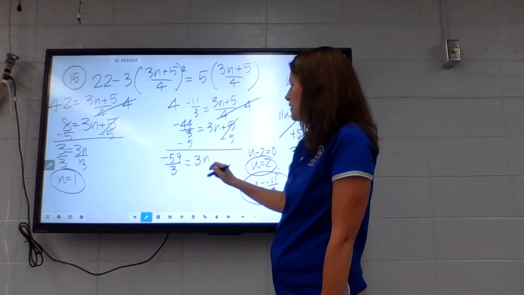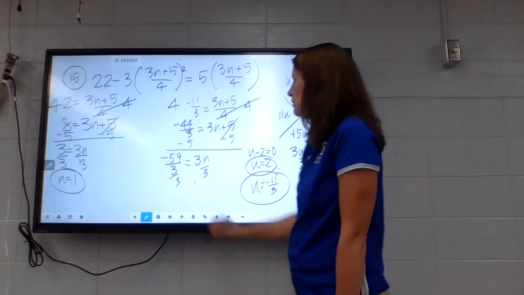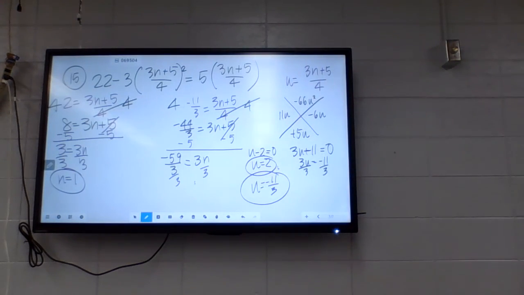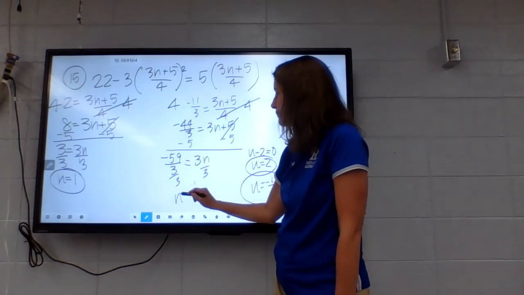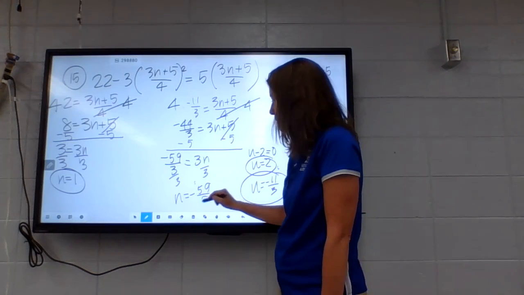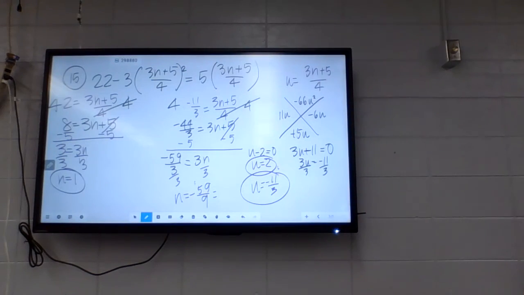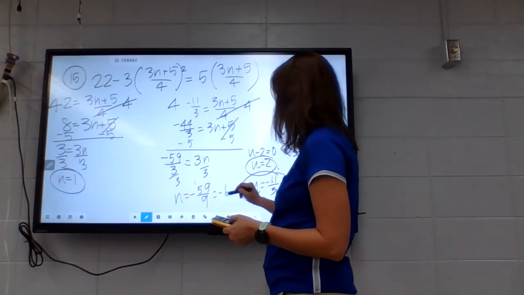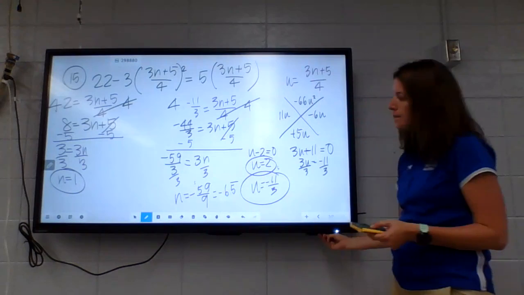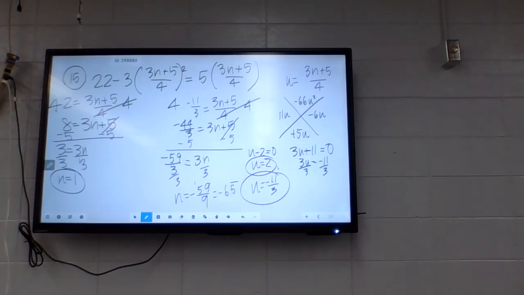And then I just have to divide by 3. Negative 59 over 9, yeah. Probably just work with decimals at that point. Whatever negative 59 over 9 is. Negative 6.5 repeating. The final answer there.